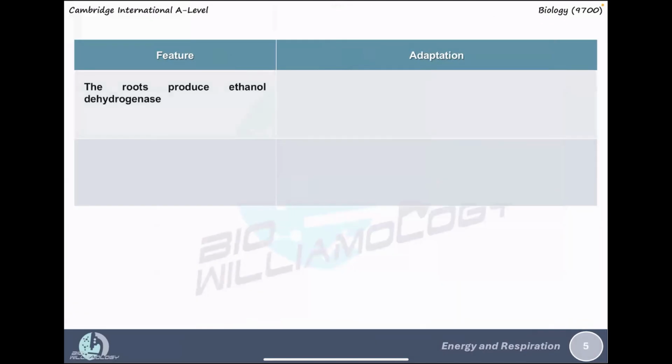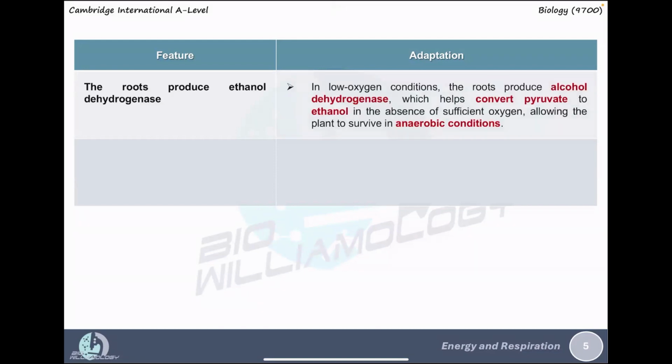The next feature: same as yeast, the roots produce alcohol dehydrogenase, and this allows the roots to convert pyruvate to ethanol in the absence of sufficient oxygen, allowing the plant to survive in anaerobic respiration.